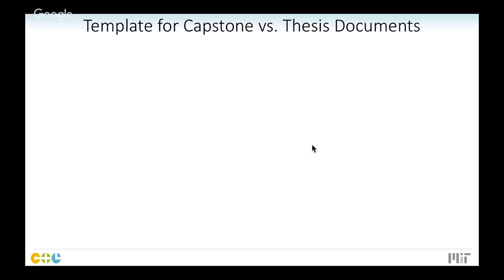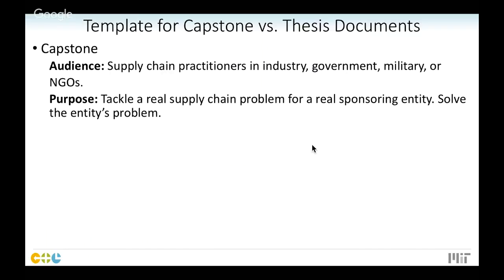All right. So now a template for capstone versus thesis documents. Well, just to remind you, the capstone has a different audience and purpose, right? So the audience in general are supply chain practitioners from industry, government, any organization that is sponsoring your project. But the purpose here is to tackle a real supply chain problem, right?